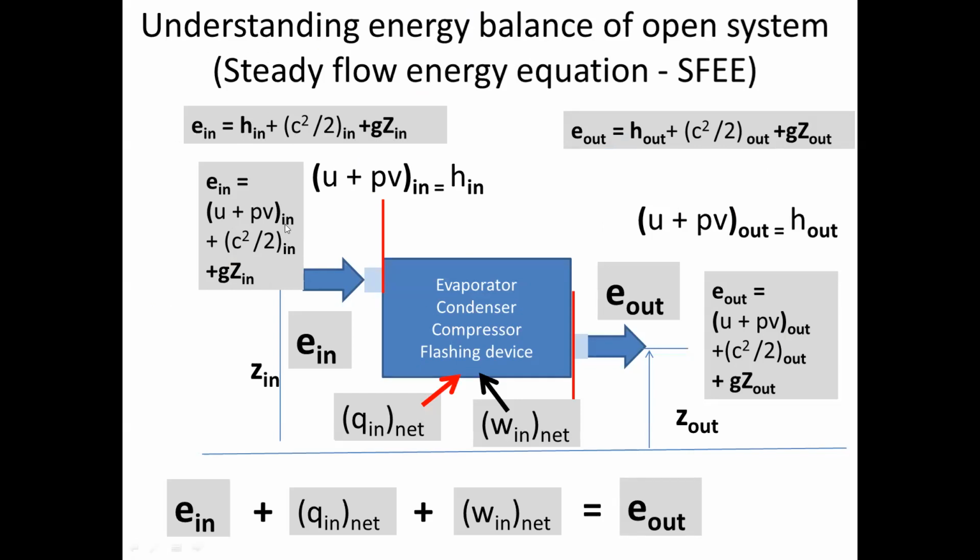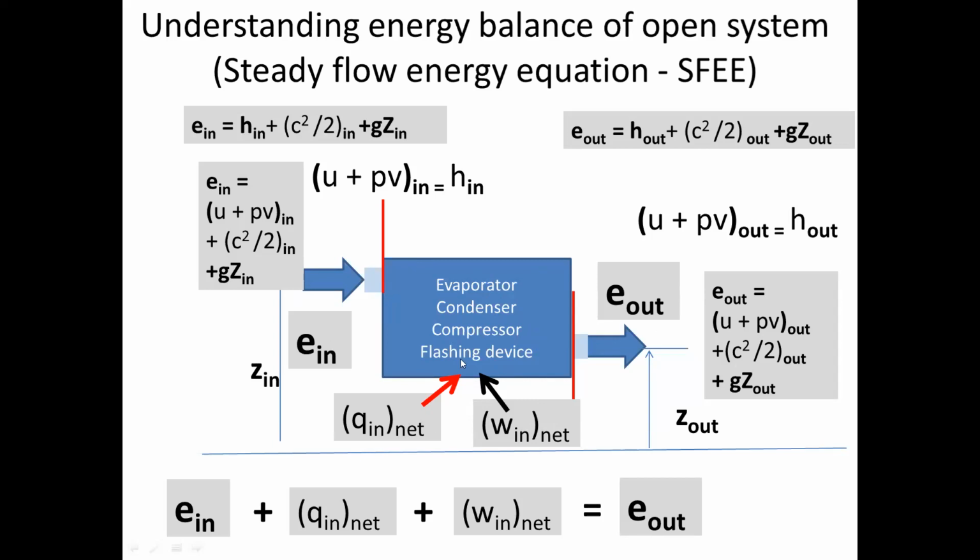Flow in, and this is the energy in with the flow. Flow out, energy out. But in some components you have net heating and net working. Some cases may be 0 W, some cases may be only W, or some may be both, depending on the process, the component functionality, or the working fluid and the process undergoing when the working fluid passes through this component.